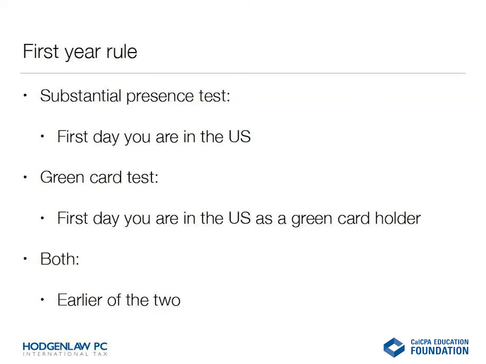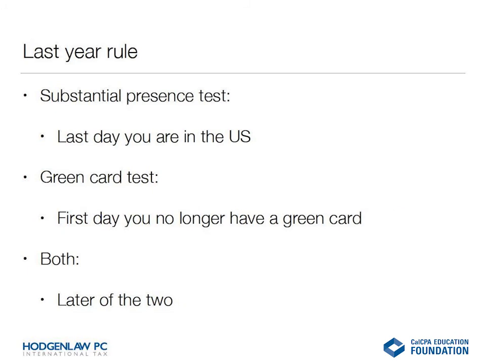Under the first year rule, if you meet the substantial presence test, then the first day of your tax residency is the first day that you're in the U.S. that year. If you meet the green card test, then it's the first day you're in the U.S. as a green card holder. If you happen to meet both tests, then you use the earlier of those 2 days as your first day of tax residence.